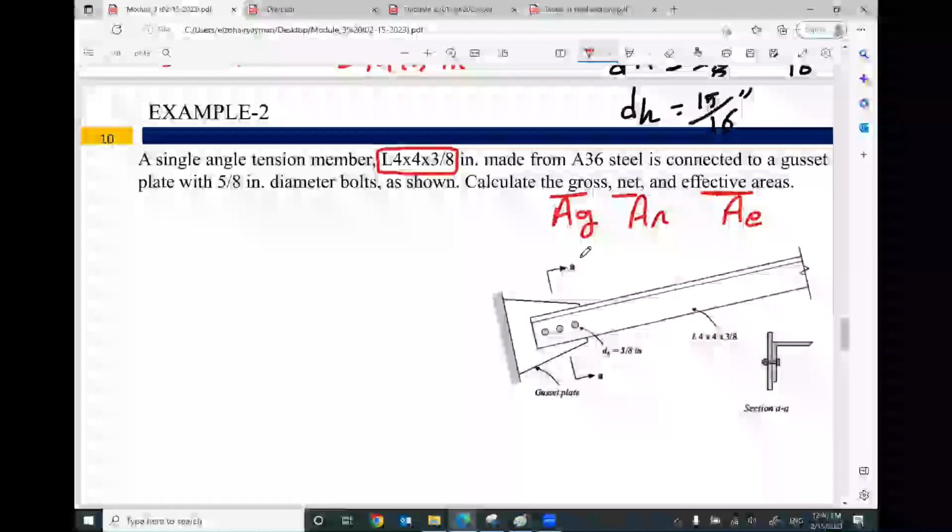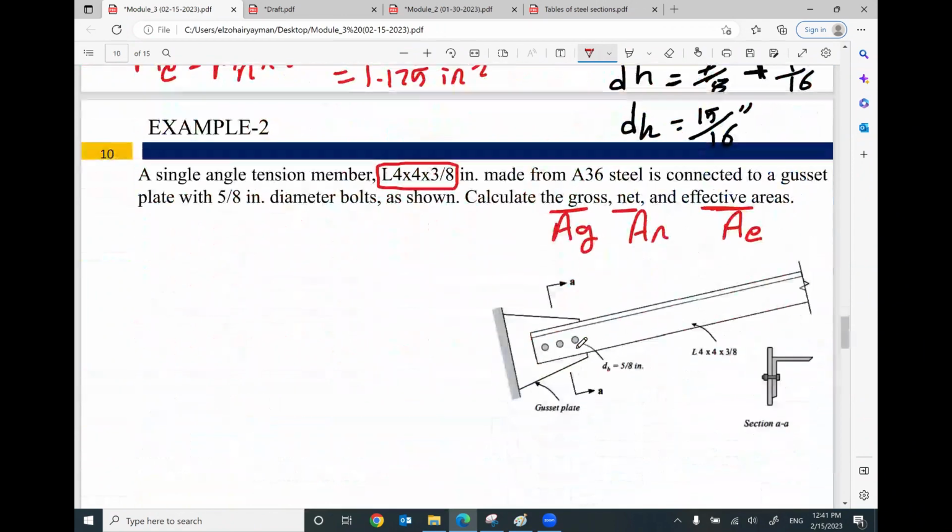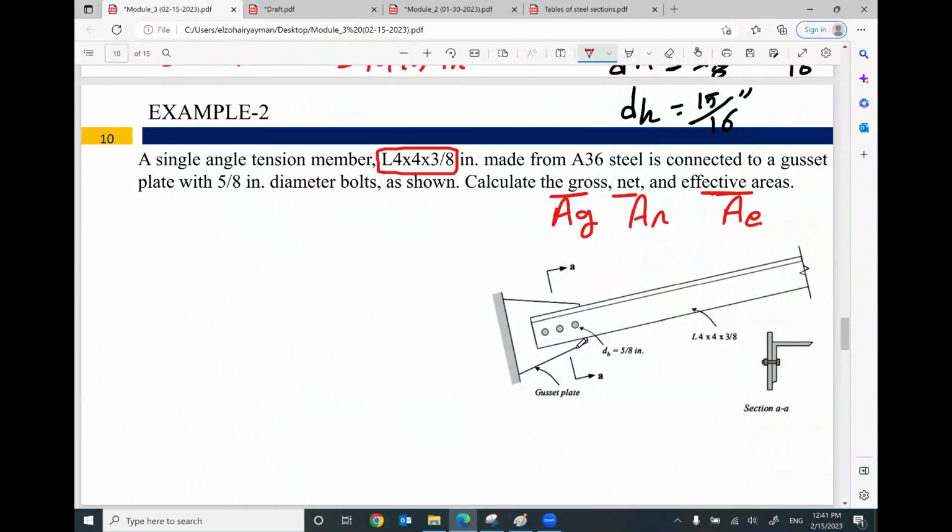Your member in this case is not a steel bar or steel rod with a given 5-inch width and 1/2 inch thickness. No, in this example, this member is an angle 4x4x3/8. How can I figure out the area gross of this member?